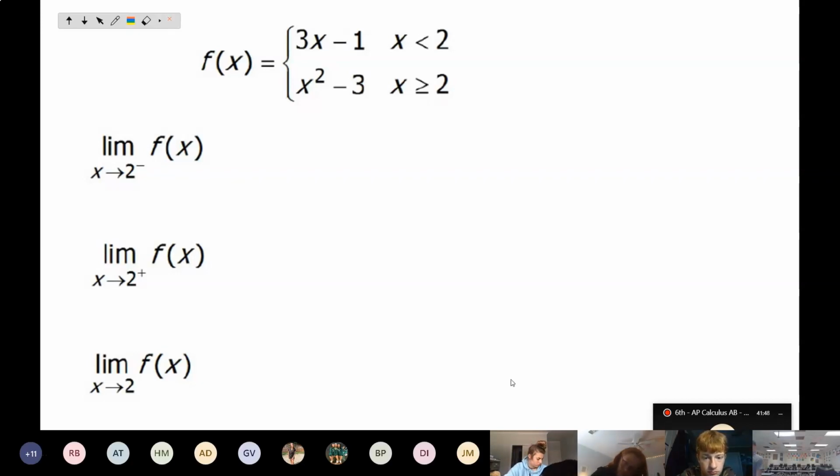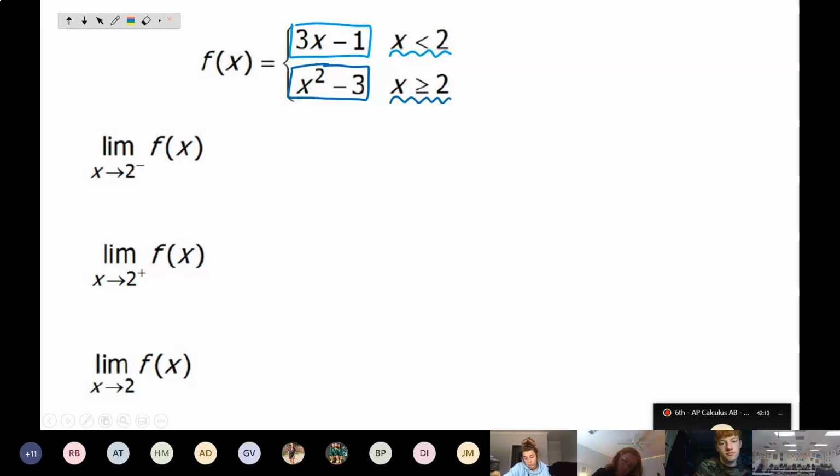Just as a quick refresher, a piecewise function pieces together different functions. The first portion, 3x minus 1, only exists when x is less than 2. The x squared minus 3 only exists when x is greater than or equal to 2.